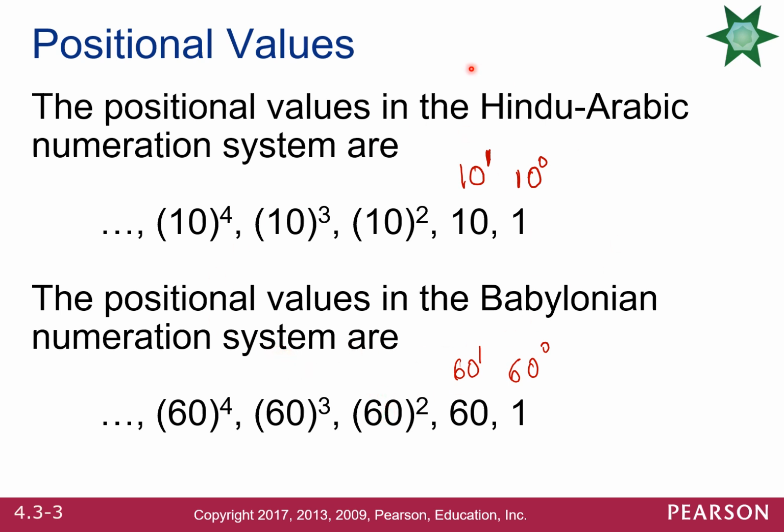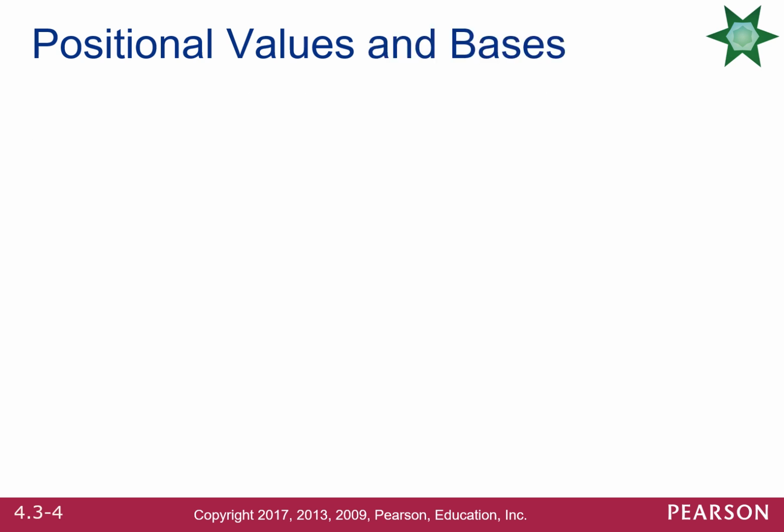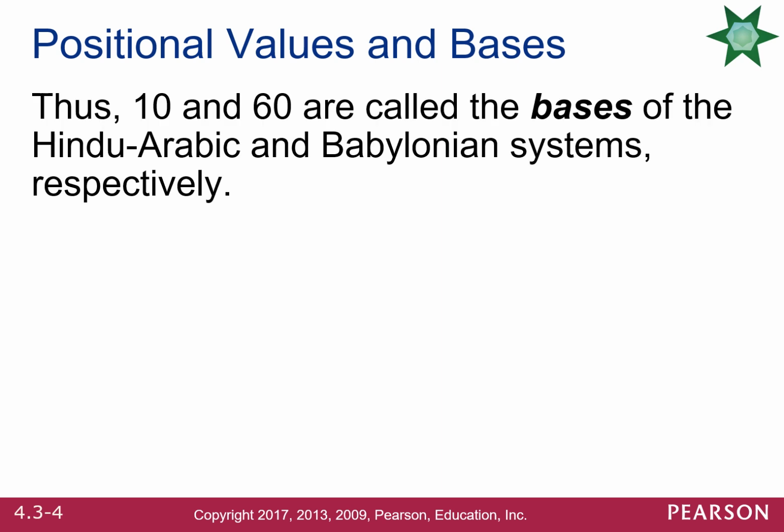We are going to apply the same logic for other bases. So if you have understood the positional values concept, then it should be easy for you to represent numbers in different bases. Now, on positional values and bases: 10 and 60 are called the bases of the Hindu-Arabic and Babylonian systems respectively.